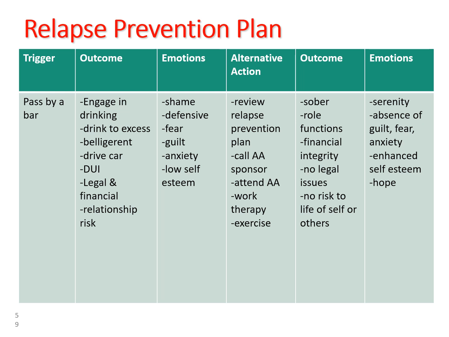These are their emotions. And then the alternative action, the thing that they want to do, is review their relapse prevention plan, call their AA sponsor, attend an AA meeting, do some of their therapy work, or exercise. Exercise is great for people, especially in early recovery, because it releases your own endorphins, and that can relieve some of the feelings that they have that are negative.